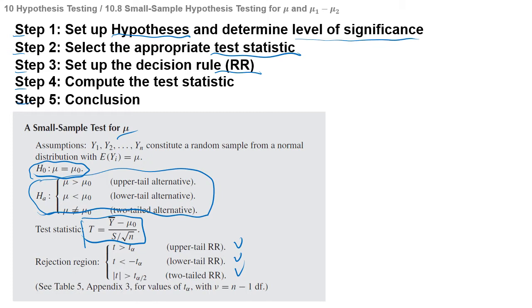Step 4 is to compute the test statistic, and using the decision rule, you conclude at step 5 and write your answer. These are the steps for any hypothesis testing problem. For every hypothesis testing problem, think this way and you will find your solution is not very difficult.